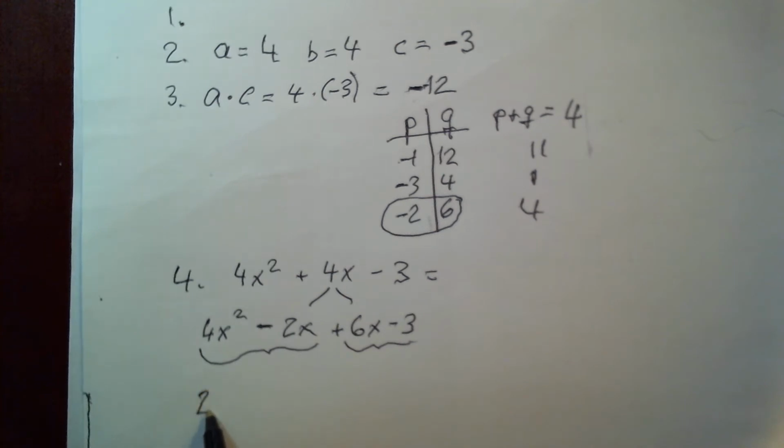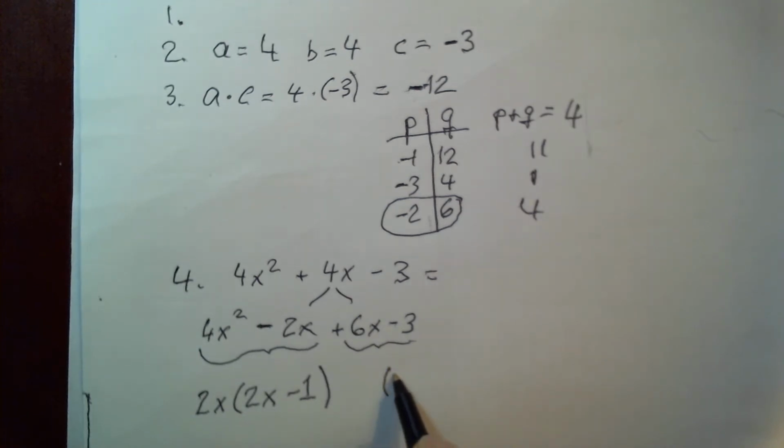So we have 2x, and when we factor out a 2x from 4x squared, we get 2x. And then, since the greatest common factor is the term itself, we need to have a 1 as a placeholder, and you can always check that, because 2x times 2x is 4x squared, and 2x times minus 1 is minus 2x. And remember, the good news about factoring by grouping is once you have the binomial for the first group, you know it's the same one for the second group, 2x minus 1.